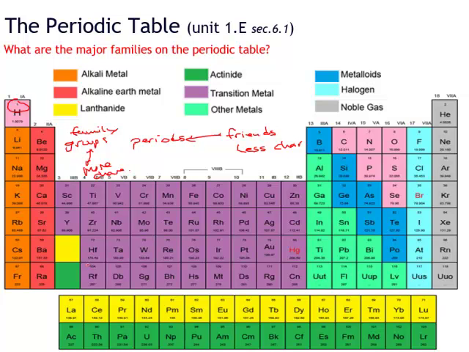Because of this families and friends idea of the periodic table, we have names for certain important families. The first one we call the alkali metals. Then we have the alkaline earth metals. Then your lanthanide series and actinide series, which are here at the bottom, are also dubbed the rare earth elements.